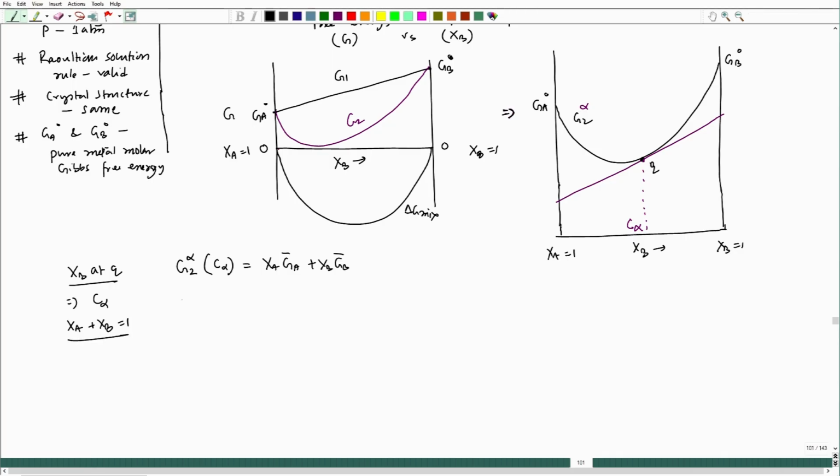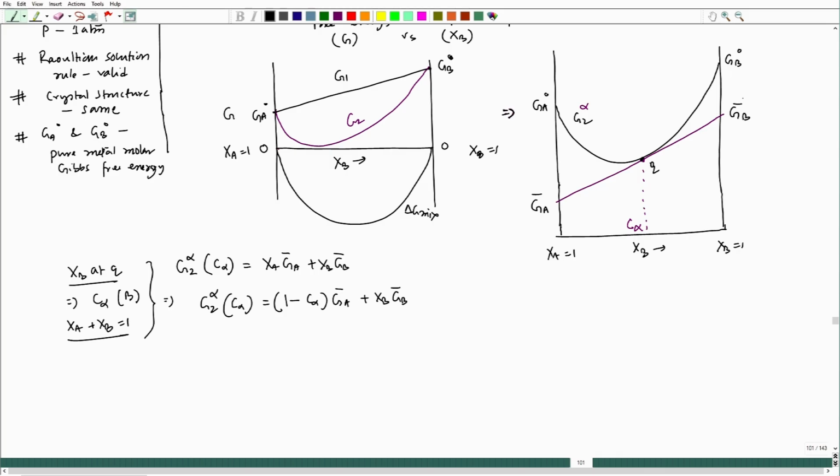Hence I can write G2 alpha at C alpha equal to 1 minus C alpha, because XA becomes 1 minus C alpha, times GA bar plus XB GB bar. And what are those GA bar and GB bar? This is my GA bar and this is GB bar.